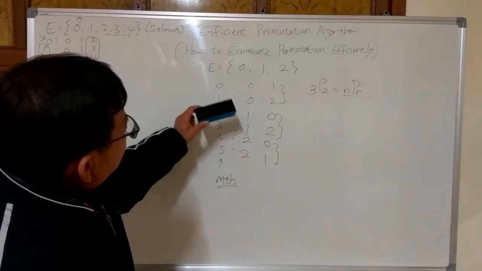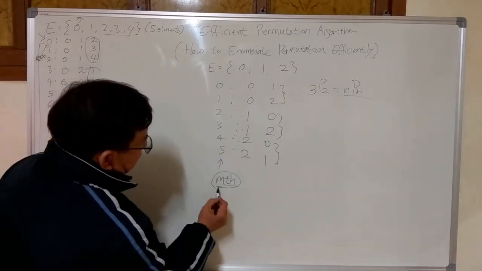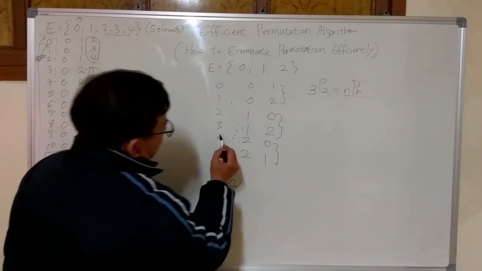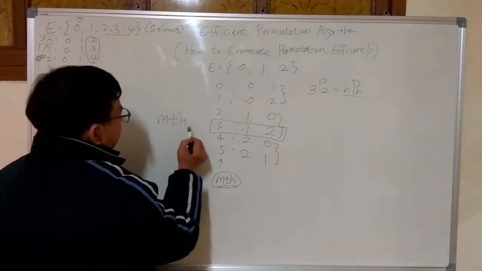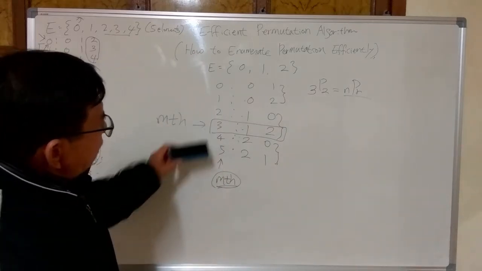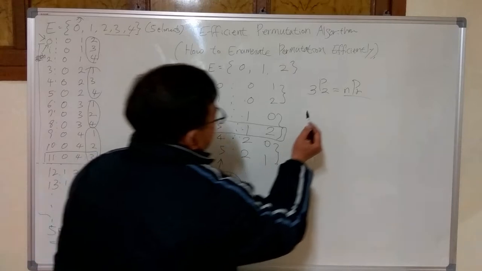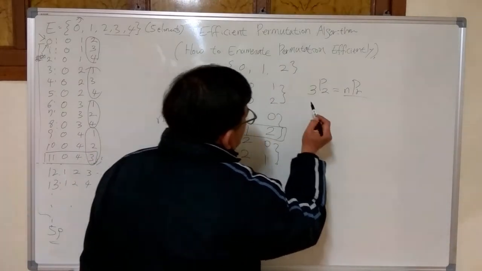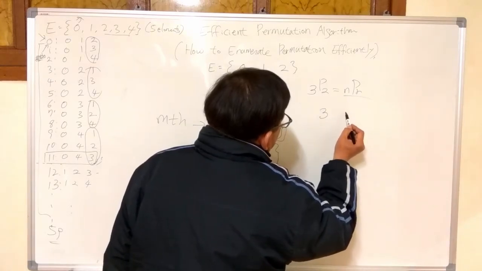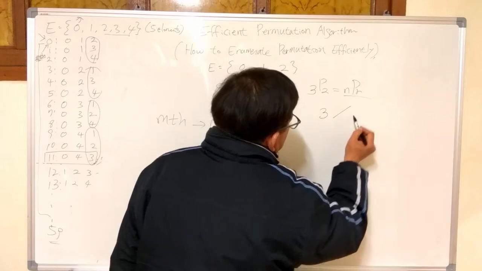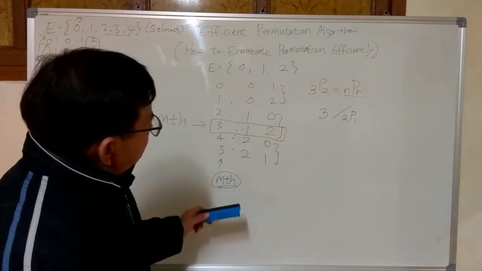If we see it carefully, for example, if we are given an index m, for example 3, I will try with this one. Then we first evaluate this number 3. We divide 3 by P(2, 1).